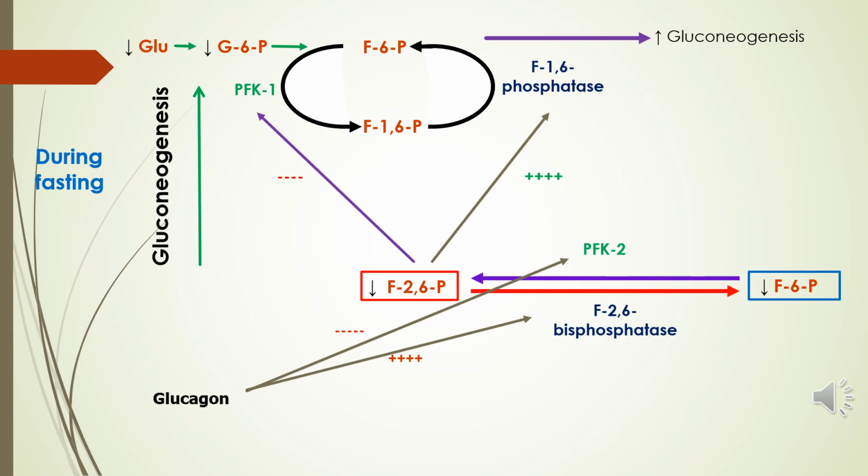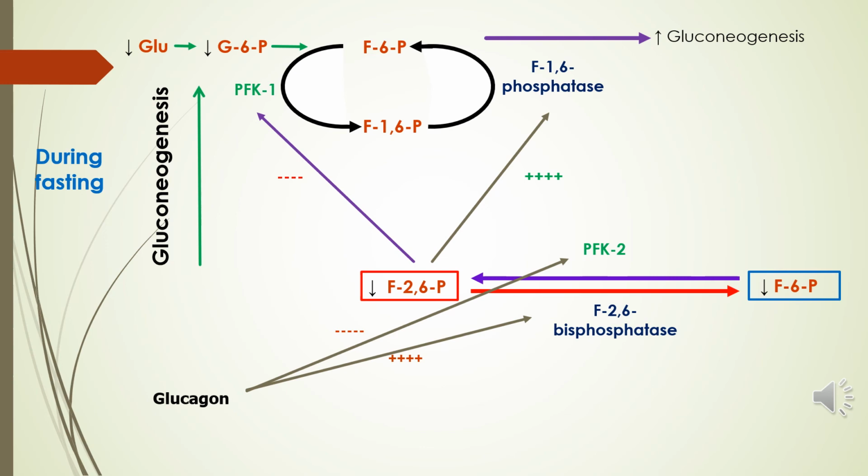And this will lead to a decrease in fructose 2,6-bisphosphate with inhibition of phosphofructokinase 1 and releasing the inhibitory effect on fructose 1,6-bisphosphatase, and consequently there is reduction of glycolysis and stimulation of gluconeogenesis.